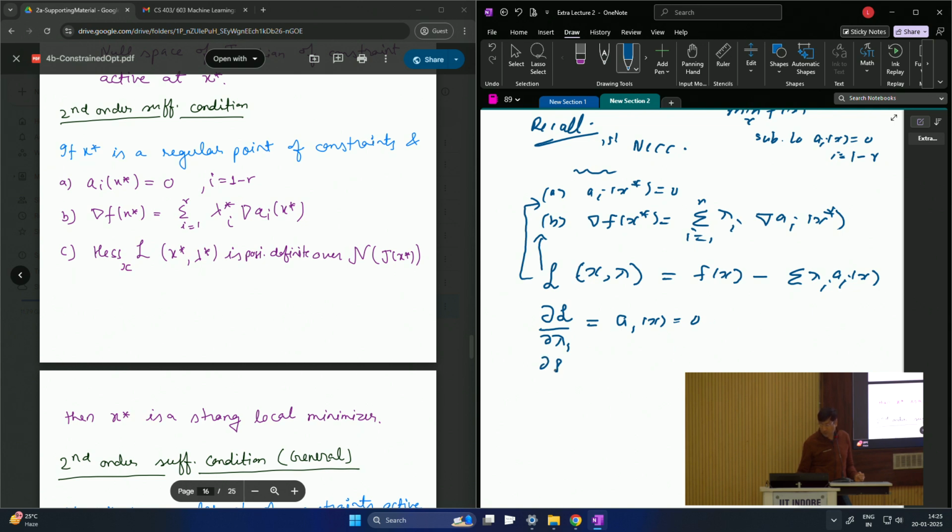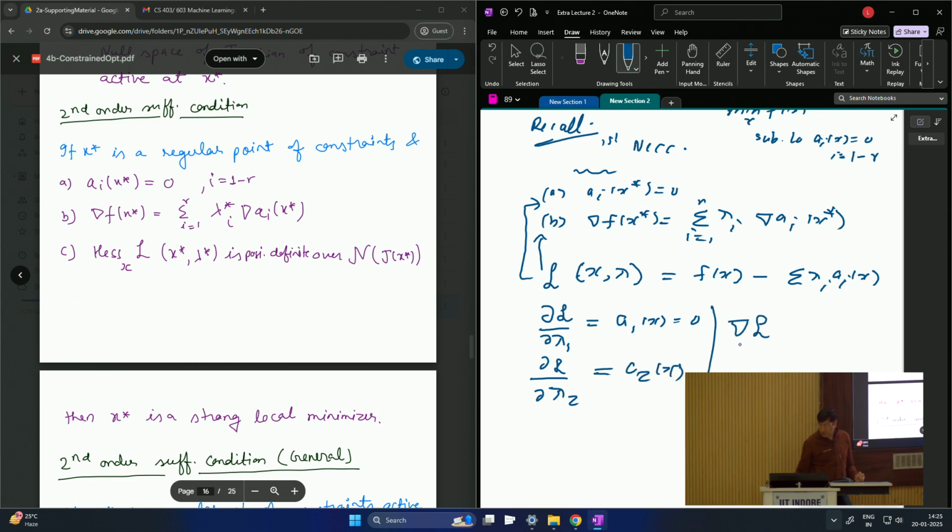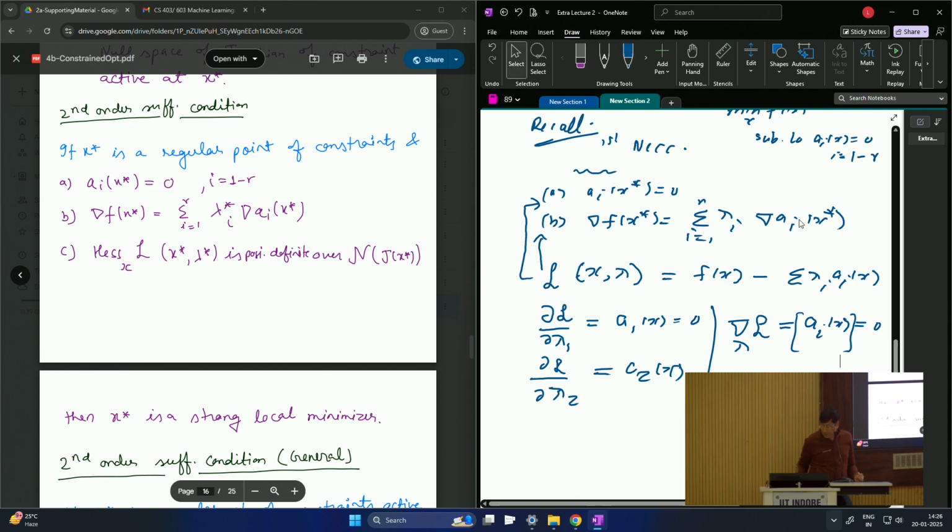If I do the derivative of the Lagrangian with respect to lambda 2, what will I get? A2. Which means that if I do the gradient of the Lagrangian with respect to lambda, then I'll get just ai of x, and then I have to make all of them equal to 0. So we'll get the first condition. Correct? How will the second condition come?